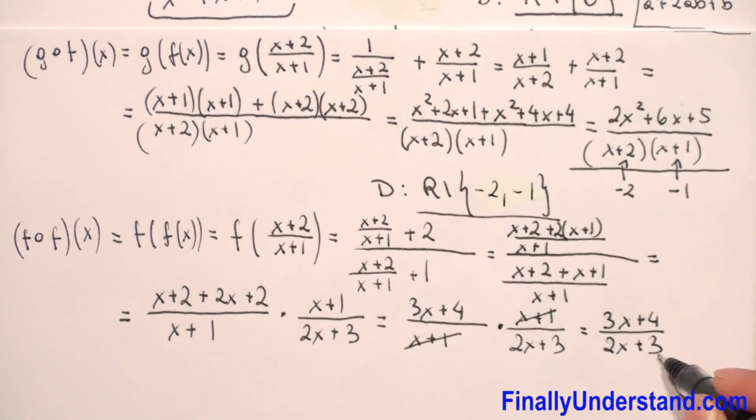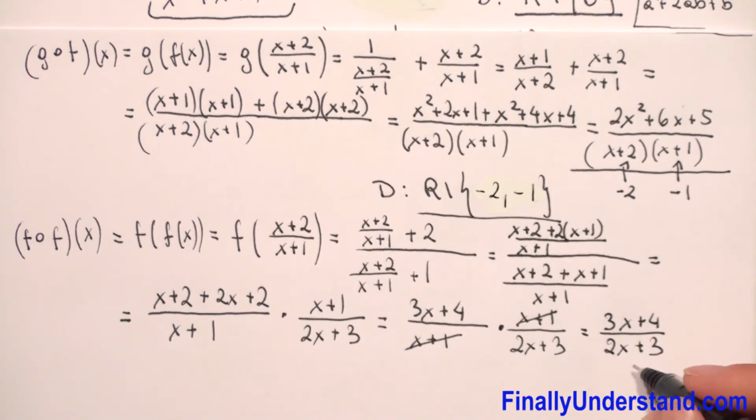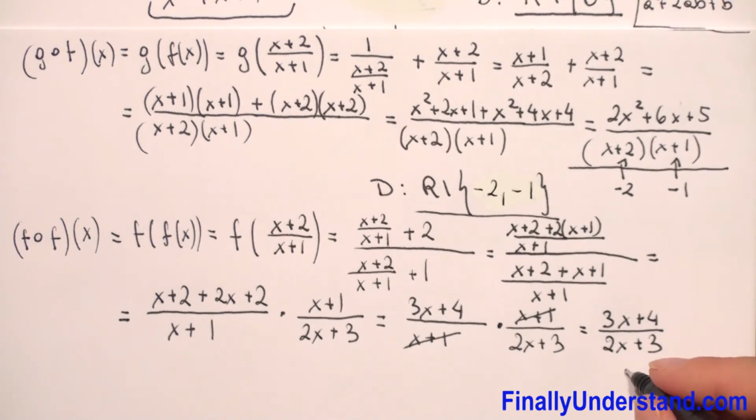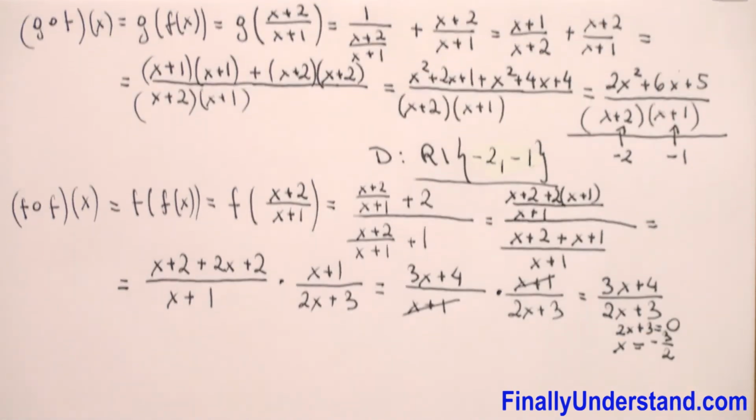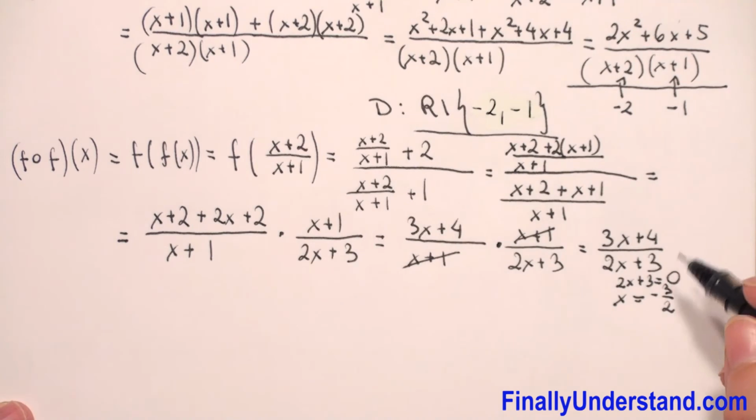Now we have to check when this denominator will be 0. When x will be equal -3 over 2. How did I get this number? We have to just solve the equation 2x plus 3 is equal to 0. So it means I have to exclude from the domain of this f of f function -3 over 2.